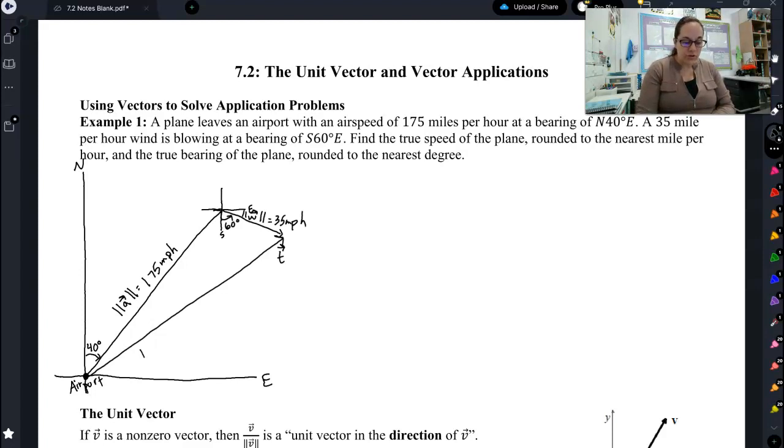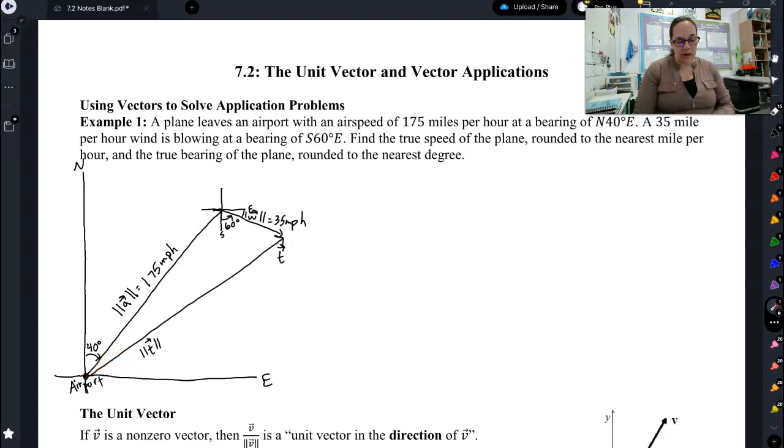And the true speed will be the magnitude of this vector. And then we also want the bearing of this vector. So it's going to be north and then some amount east. 40 plus whatever this little angle is will get us our true bearing.